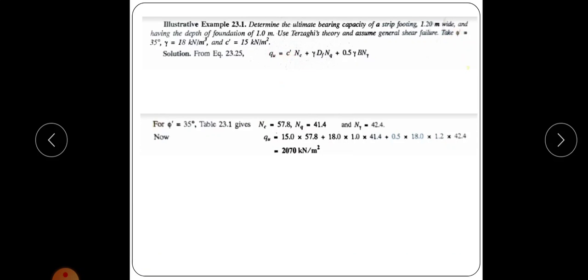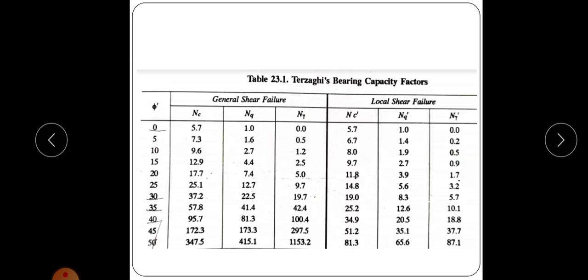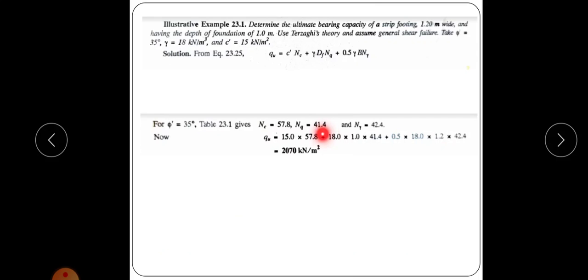It is given that it is general shear failure, so don't get confused with our local shear failure phi dash. Notations vary in different textbooks, that's why here it is phi dash and C dash. For phi, the angle of shearing resistance phi is 35 degree. So for 35 degree, note down the values of N C, N q and N gamma, that is 57.8, 41.4 and 42.4.